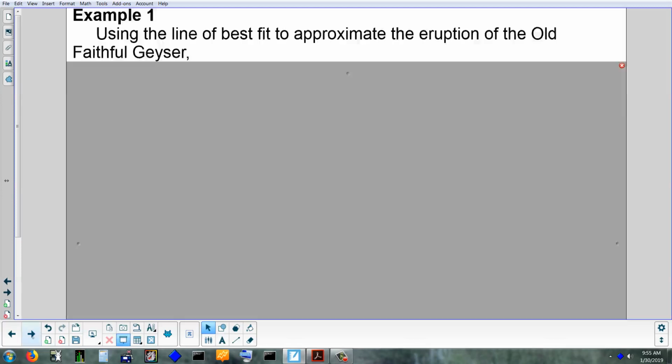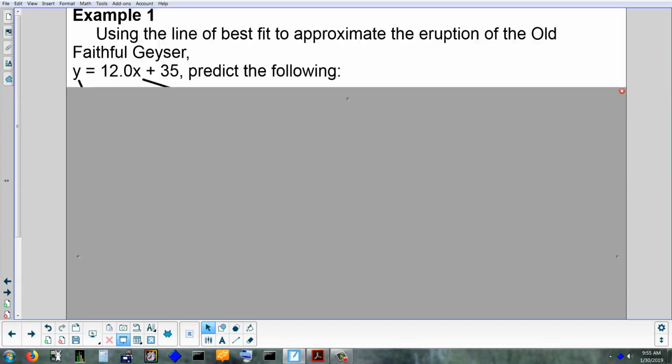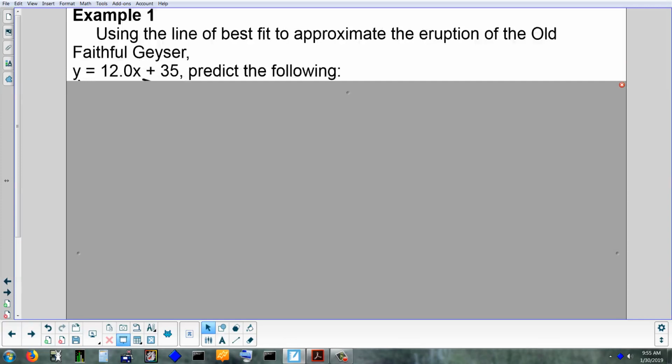Let's look at an example. All right? So in Yellowstone National Park, you may have heard of Old Faithful. It's a geyser. It's like water in the ground, and every so often the water sprays out of the ground. You can use this equation to predict.